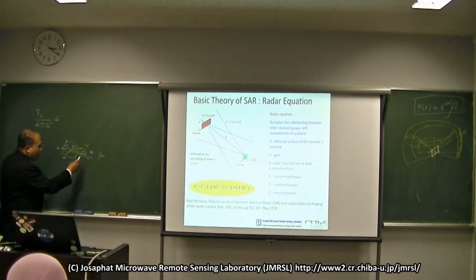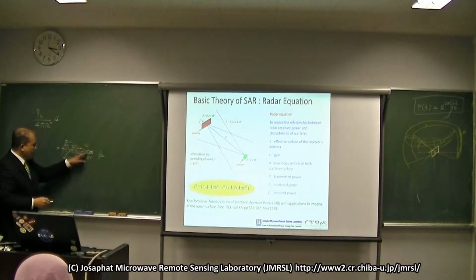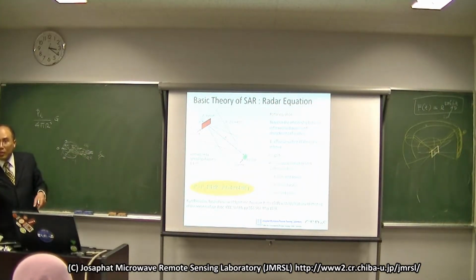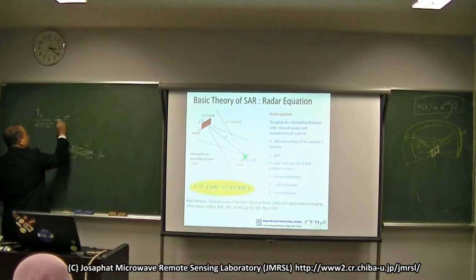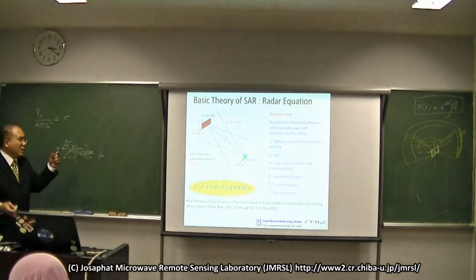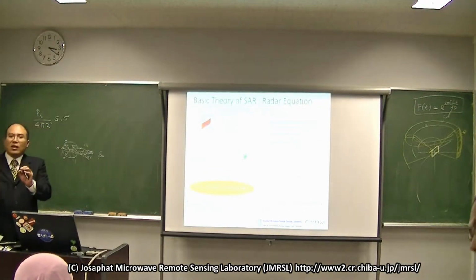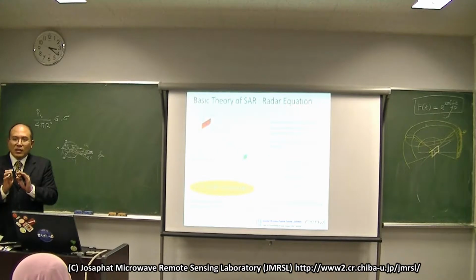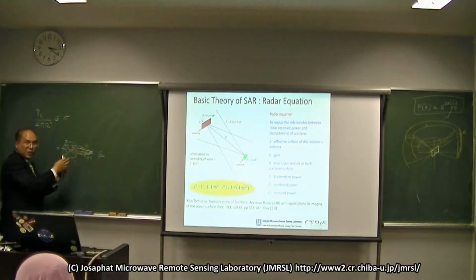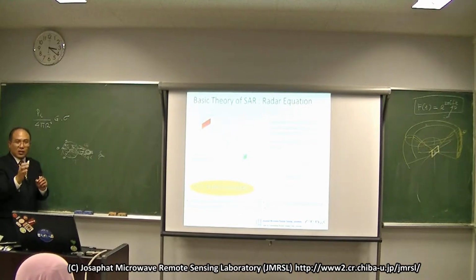Next, this wave touches the object. The object has a radar cross section, sigma, so you multiply by sigma. If the radar cross section is big, the total is big, but if it is small, the scattering is small. If the object is big, the scattering is also big; if it is small, the scattering is also small.